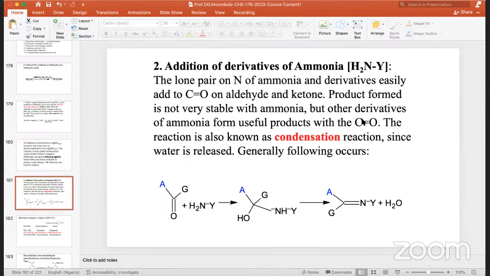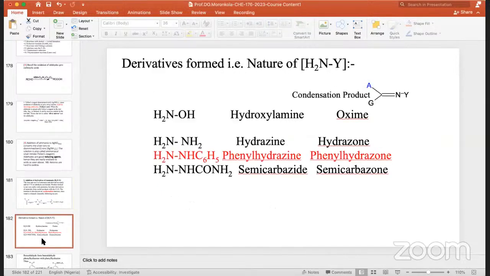Such reactions are referred to as condensation reactions because you have a water molecule being removed. That is the general equation. You can always write equations with specific reagents for each of them.